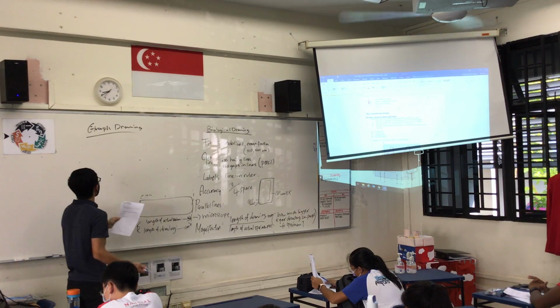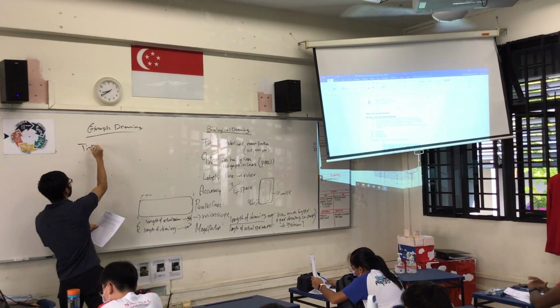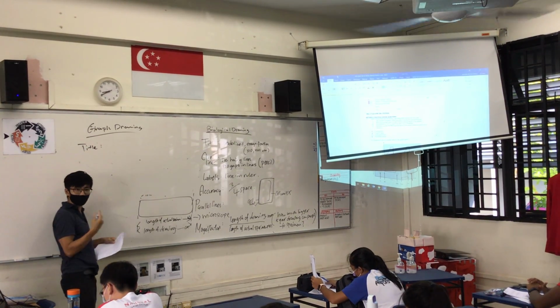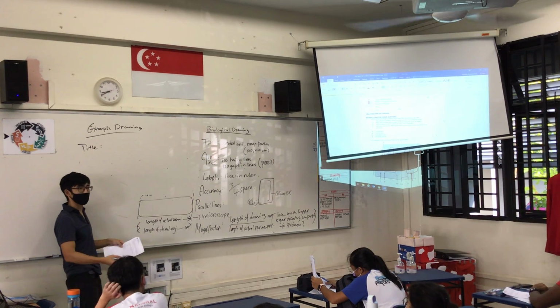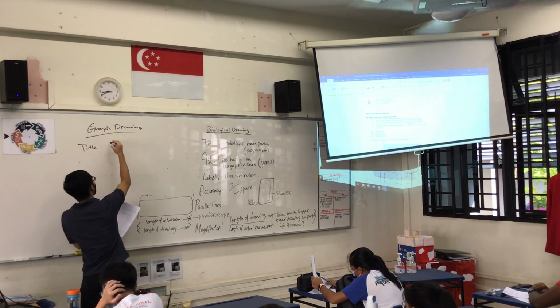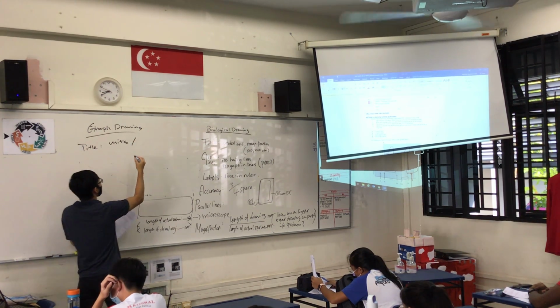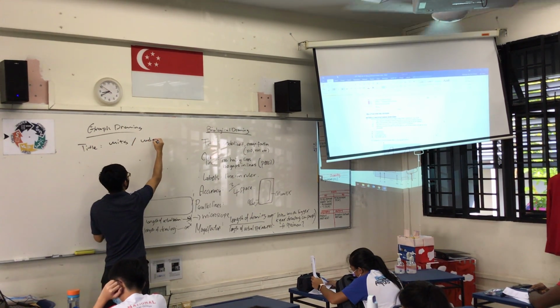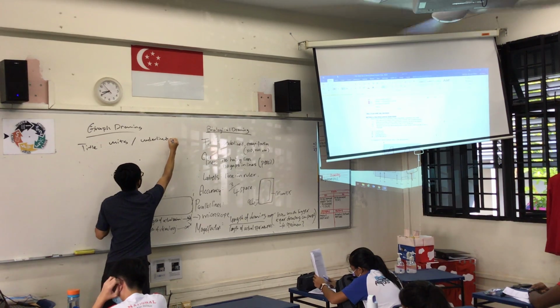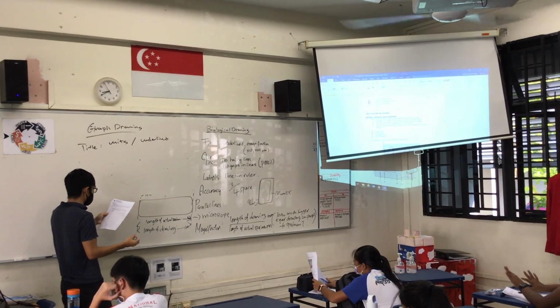Graph drawing also has the same points. First one, title. Notice everything needs a title. Don't know if you need a title or not, just draw a title, right title. No loss. Okay, title again needs to have units. This is no different from everything. Okay, units as well as needs to be underlined. Yeah, always the same thing.